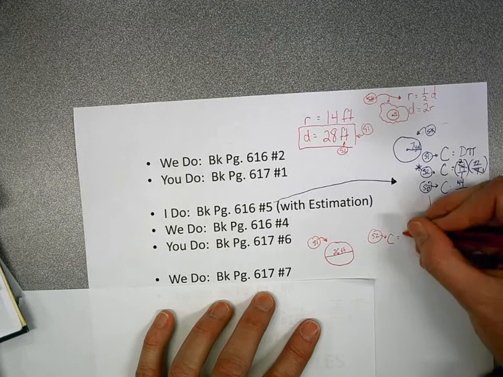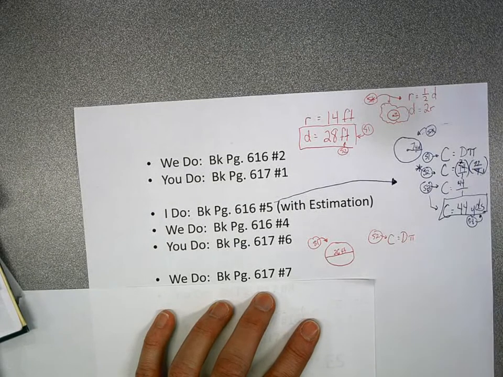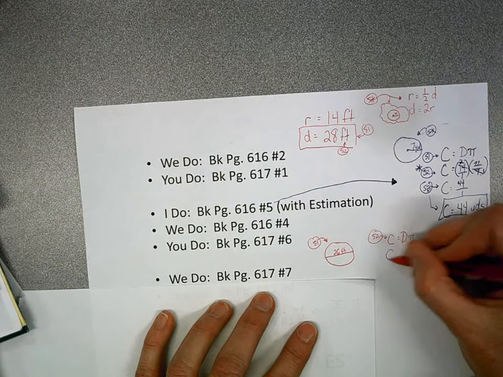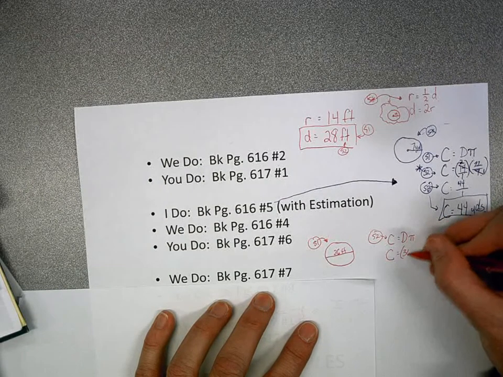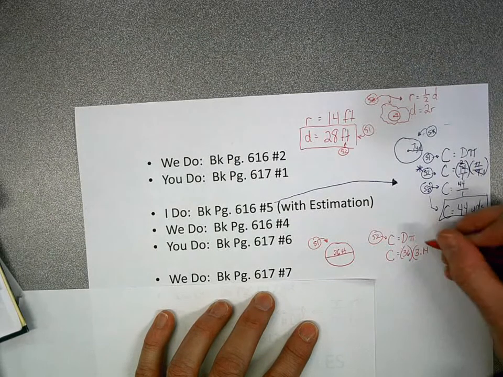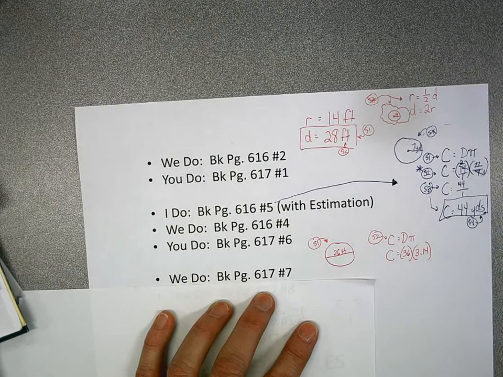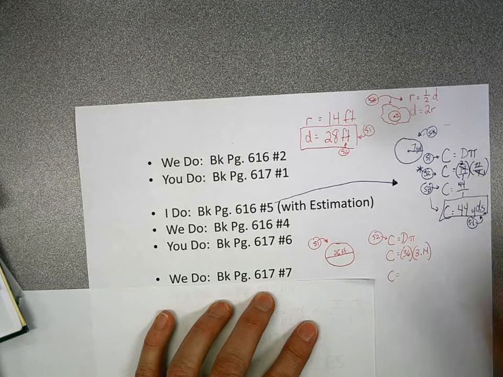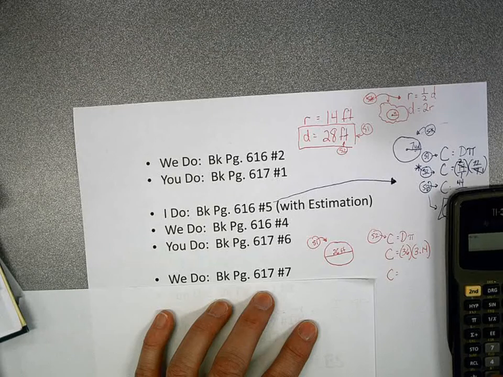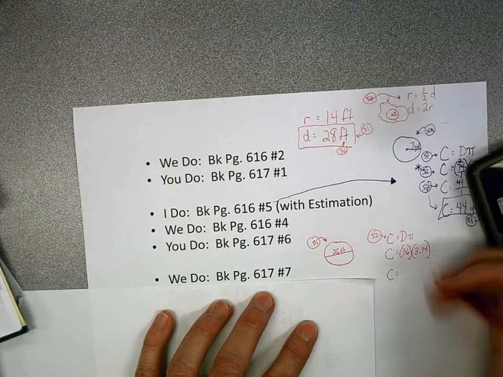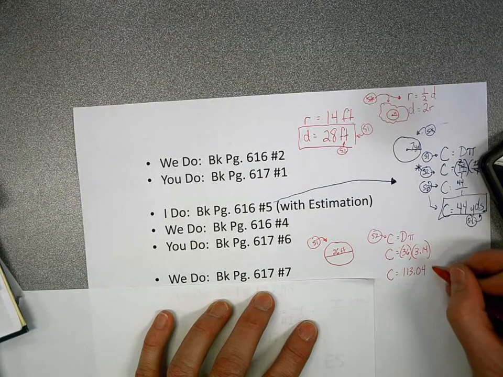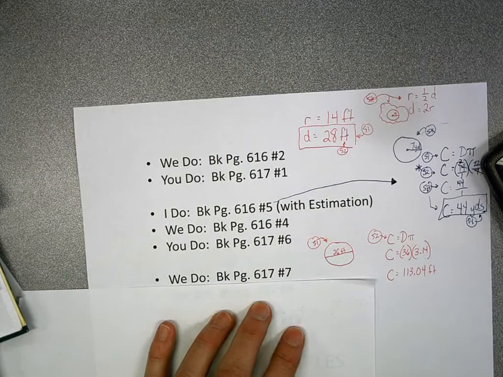Circumference is diameter times pi. I'm going to plug in our numbers. The diameter is 36. Now that is not divisible by 7, so I'm going to plug in 3.14 for pi. When I go to solve that, I'm just going to use my calculator. 36 times 3.14 equals, and the circumference is 113.04 feet. That's how far it is around the outside.